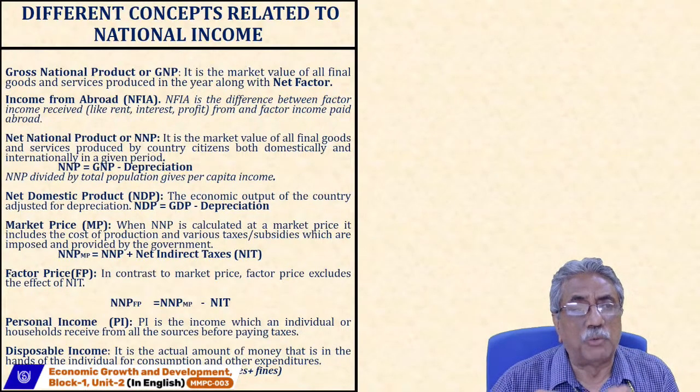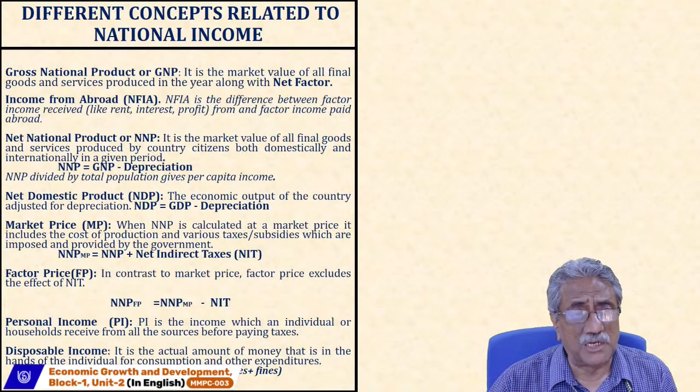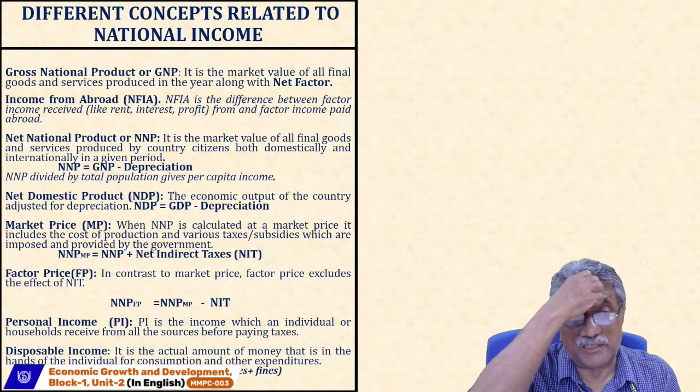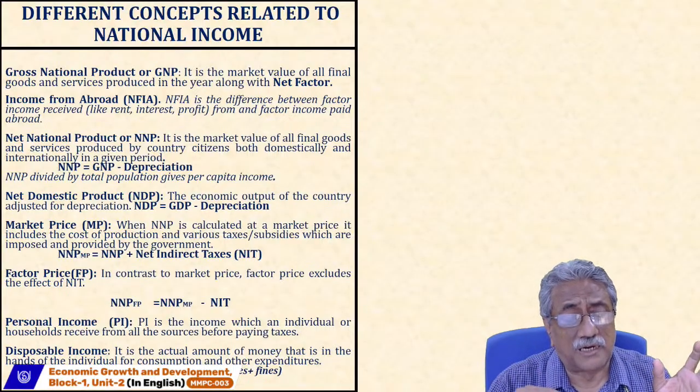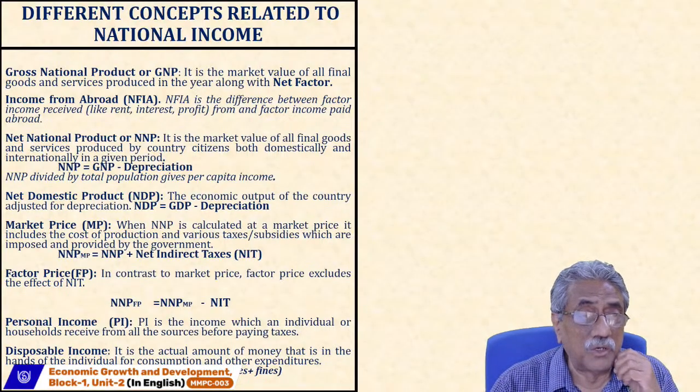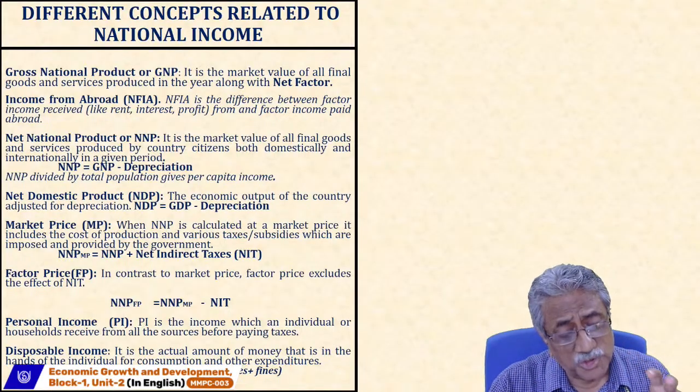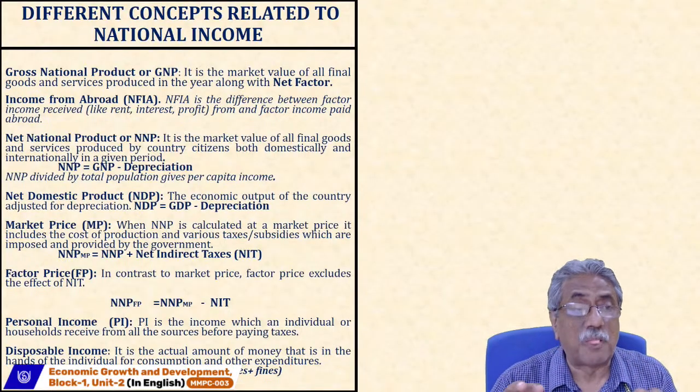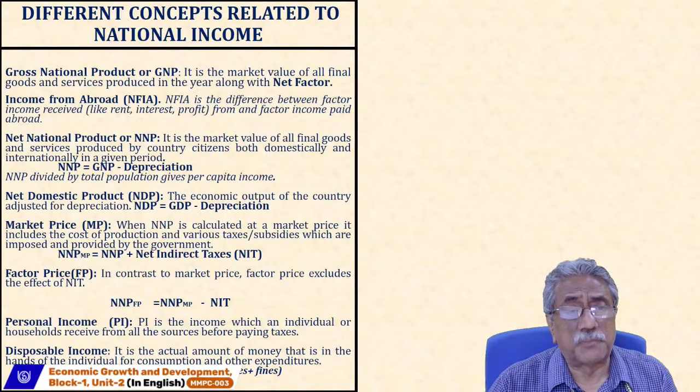Now we'll go to net domestic product. One is national, one is domestic. When it's national, we are taking into account the income coming from outside, the NRIs earning, etc. But in GDP, it is what is produced, goods and services, in India. Net domestic product is like net national product, the economic output of the country adjusted for depreciation.